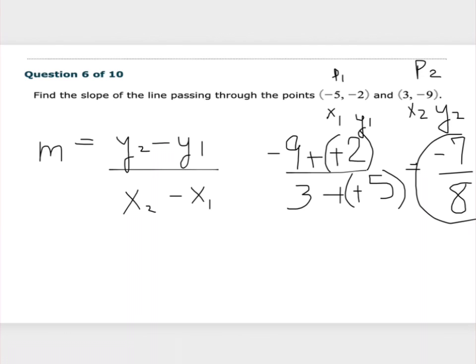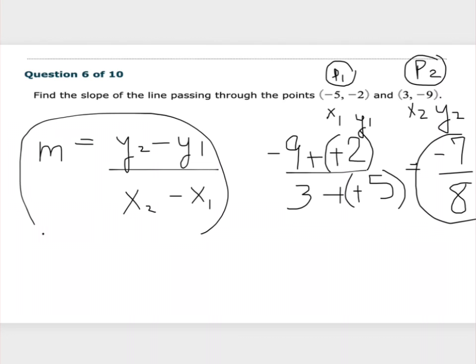Question 6, find the slope of the line passing through the points. Now they give us 2 points, -5, -3, and 3, -9. So we're going to call this point 1, and we'll call this one point 2. We're going to use our formula for slope, y2 minus y1 over x2 minus x1.